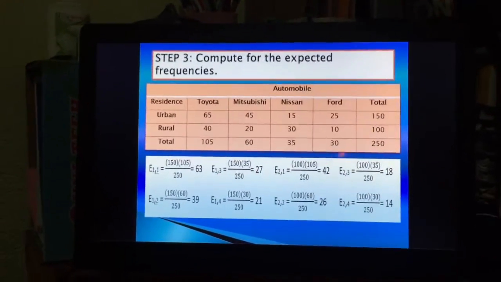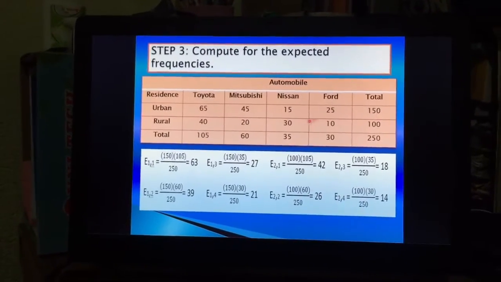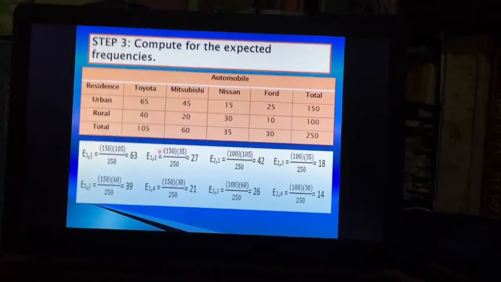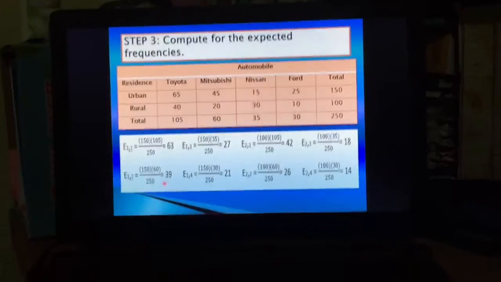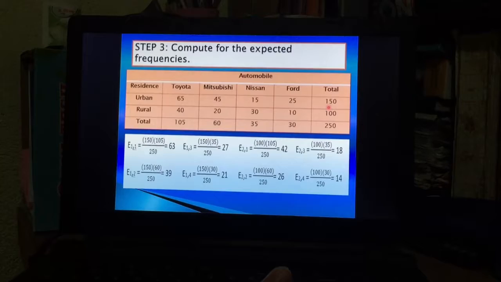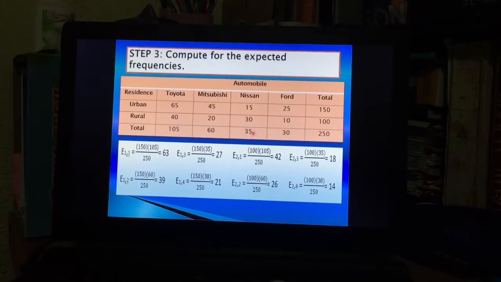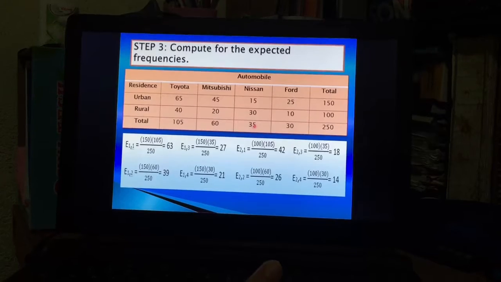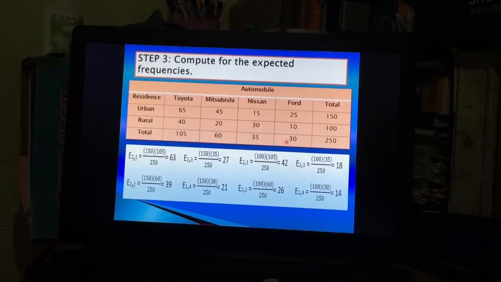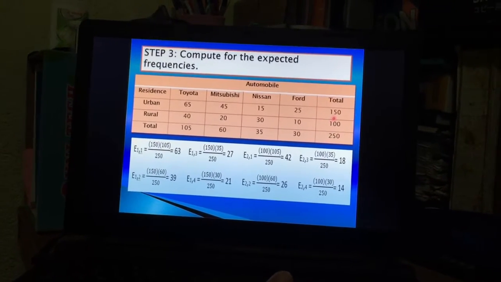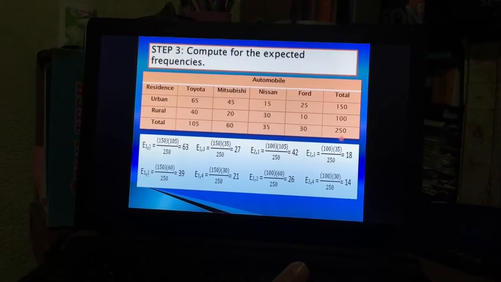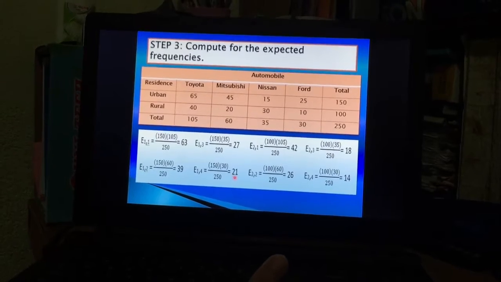Next, the first row total 150 multiplied by the second column total 60, all over 250, is equal to 39. Next, first row total 150 multiplied by the third column total 35 all over 250 is equal to 27. Next, first row total 150 multiplied by the fourth column total 30, divided by 250, is equal to 21.